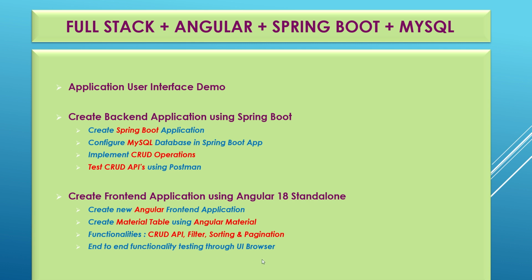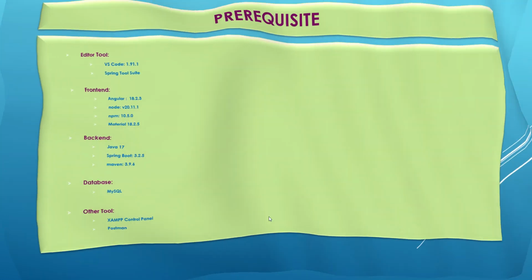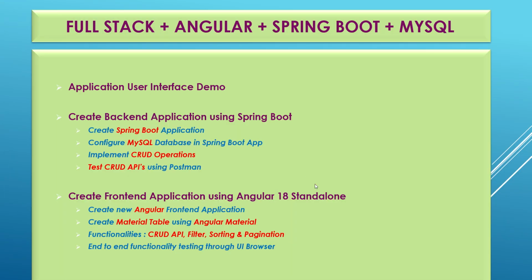And finally, we will test our end-to-end functionality through UI browser and verify the result in MySQL database as well as on UI browser. So this is about the steps and points which we are going to cover.